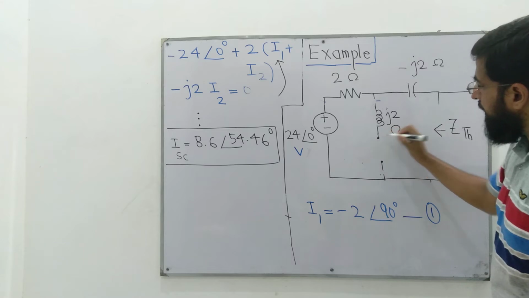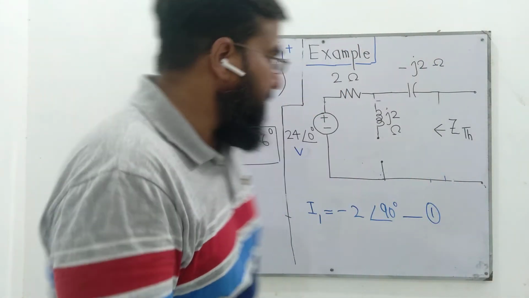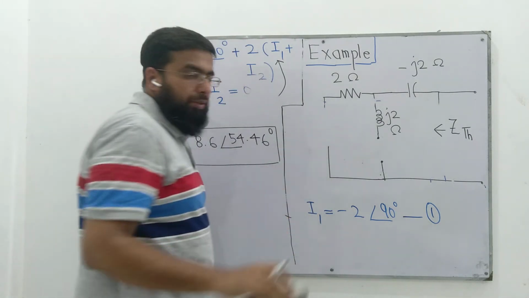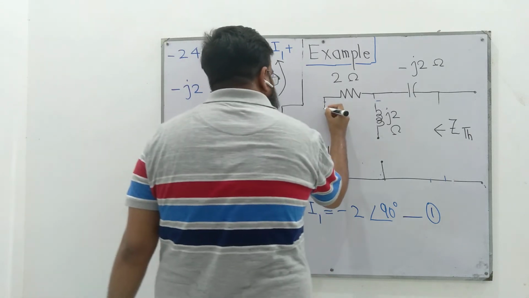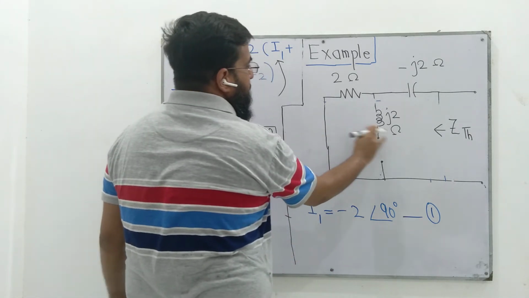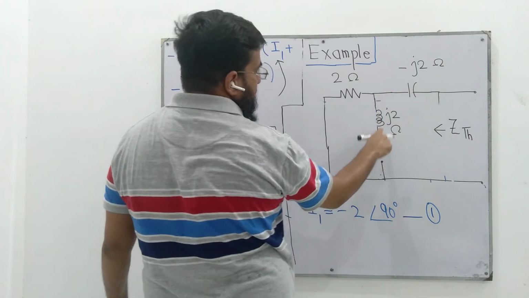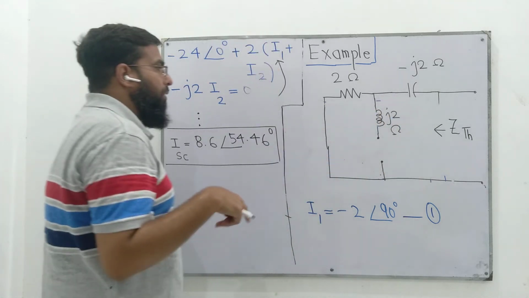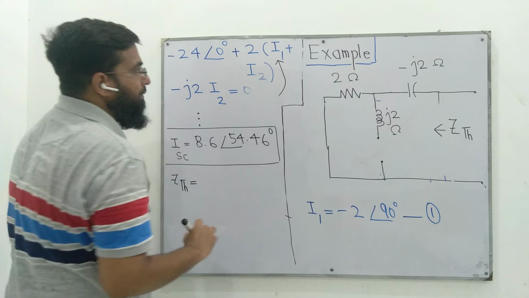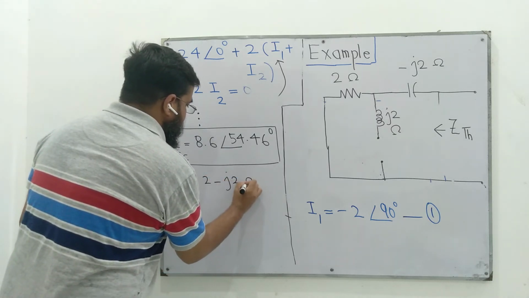This has infinite impedance, replace it with an open circuit. This has zero impedance, replace it with a short circuit. So this j2 ohm is not in the circuit because one end is hanging in the air. So we have these two components in the path. Z Thevenin is the same as we computed in our last lecture. This is 2 minus j2 ohms.